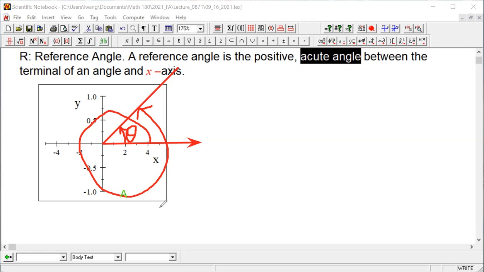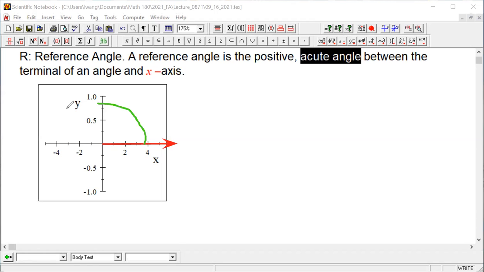All right. Next, let's look at another scenario. I'm going to measure the angle still from the standard position, but my terminal ended up here. That's my terminal.